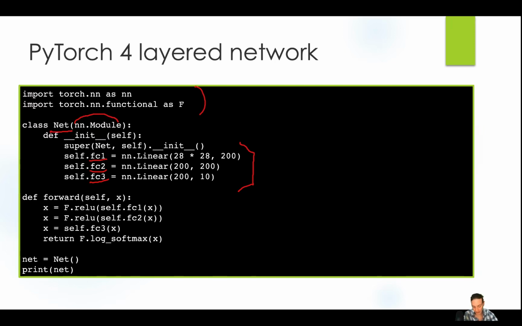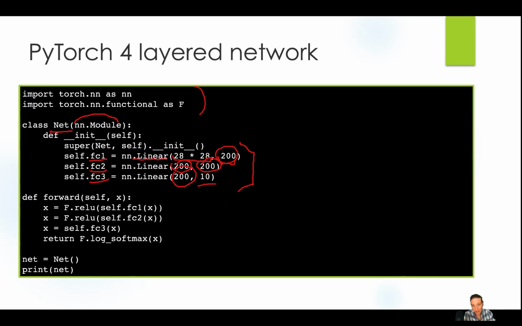And each fully connected layer is what we call in PyTorch a linear layer. It has a certain input and an output. Notice that the output of the previous layer needs to match the input of the next layer. So if this were, I don't know, 20, this also needed to be 20. The final output here is 10.